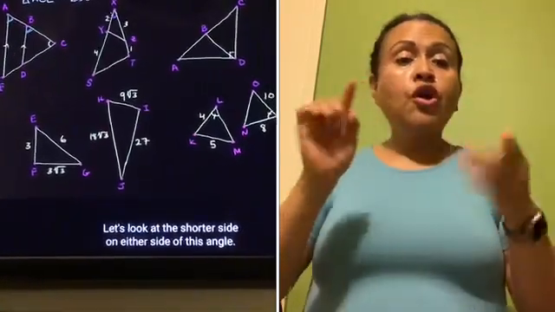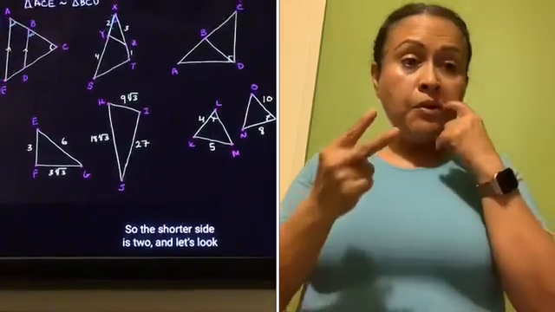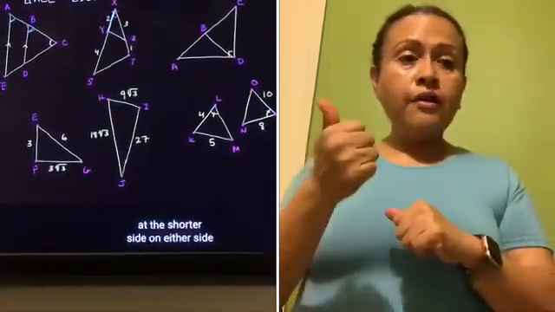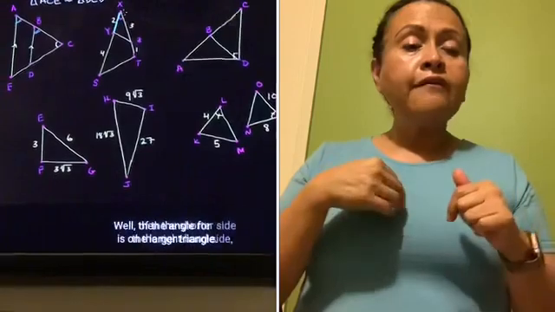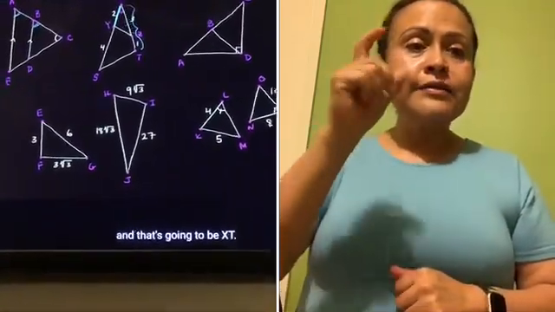Let's look at the shorter side on either side of this angle. So the shorter side is 2. And let's look at the shorter side on either side of the angle for the larger triangle. Well, then the shorter side is on the right-hand side, and that's going to be XT.